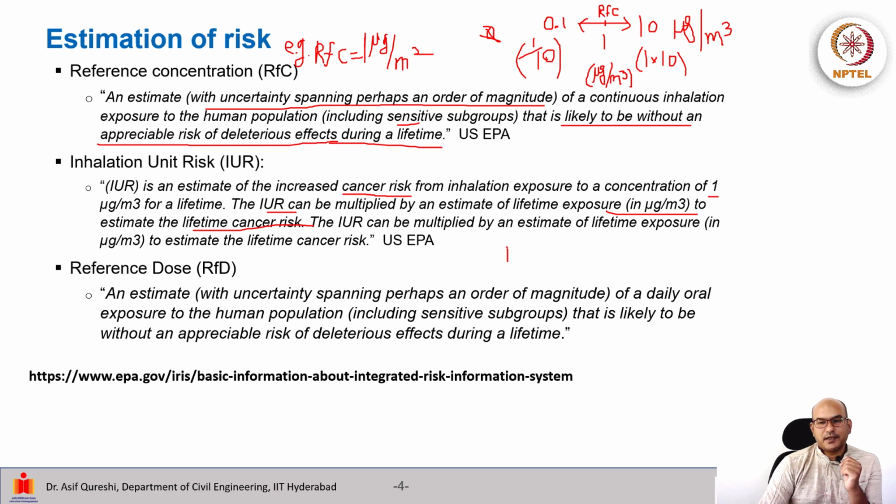So if you multiply our EC, let's say effective concentration over a lifetime, into IUR, we will get lifetime cancer risk. So effective concentration averaged over the life multiplied by IUR would be the lifetime cancer risk.